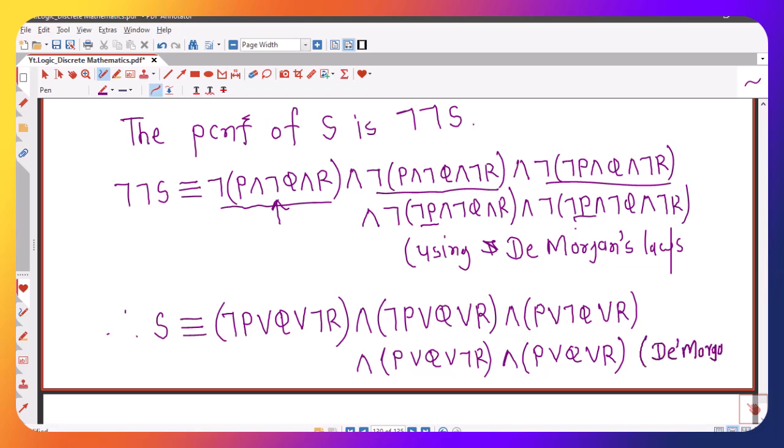By repeated application of De Morgan's law, we obtain this conjunction of max terms. Okay, let me check again.